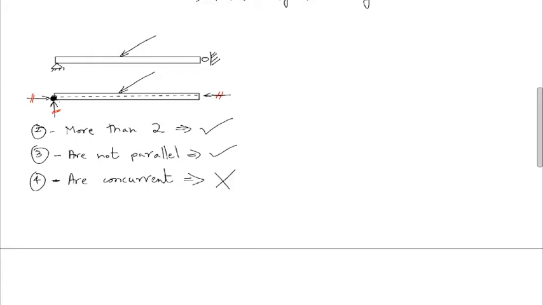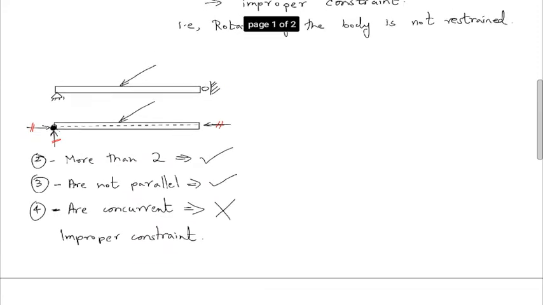And so this condition does not pass, so we call it improper constraint. So why is that? Since the reactions are concurrent, in the moment equilibrium equation, these reactions together cannot form a counteracting moment to any applied force or moment. So what I said was that this system is improperly constrained.